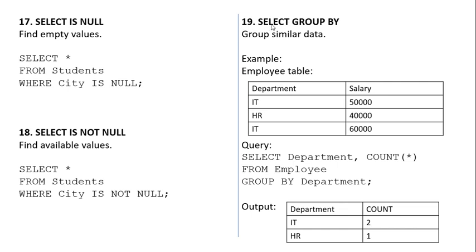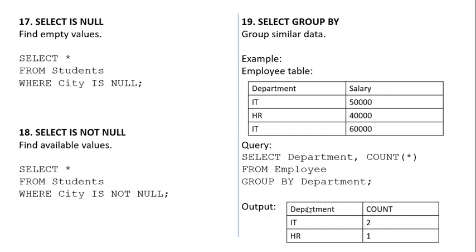And 19 is SELECT with GROUP BY. Group means similar data. For example, the employee table shows department and salary. The query is: select department, count(*) from employee group by department.